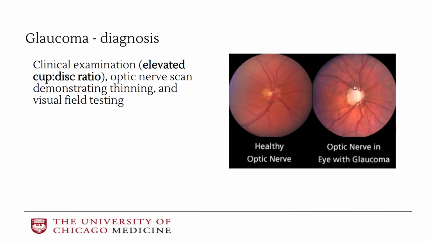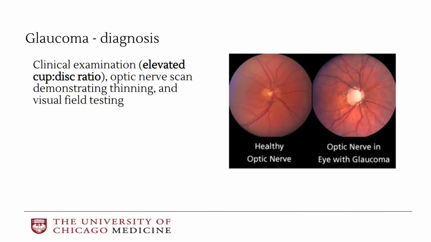In the left image, the yellow portion is very small. And in the image on the right, the yellow circle is big. That's a large cup. And so that makes us worried about glaucoma, because that means that the nerve has, or possibly has, some damage.